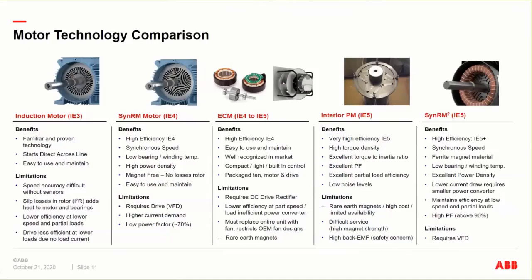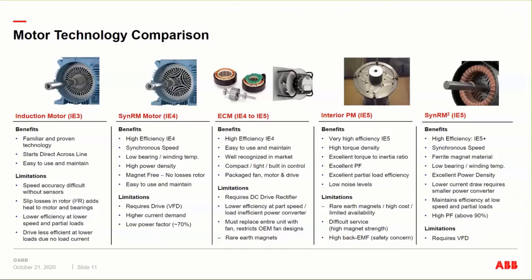When you get into anything past that, like a Center RM motor, Center RM squared, electrically commutated motors, and true permanent magnet motors, they all have to have a drive on them. Now, the fact is, most applications in HVAC now are on variable speed.